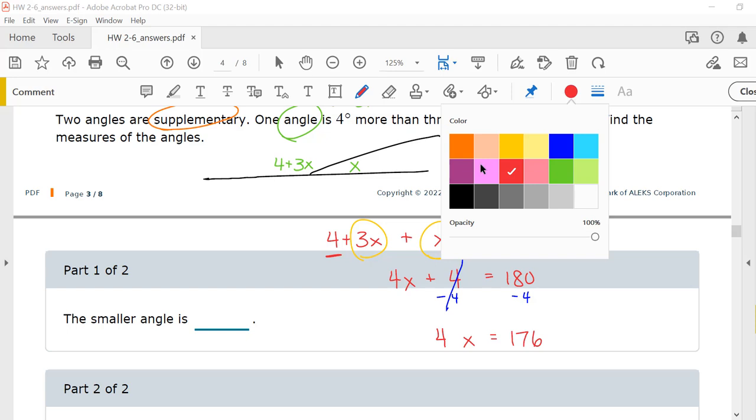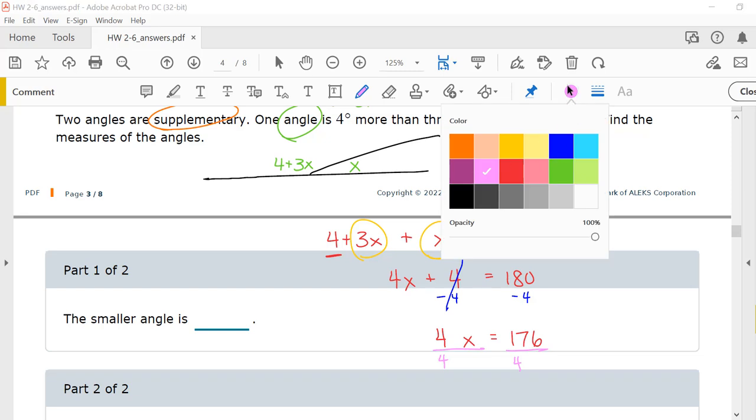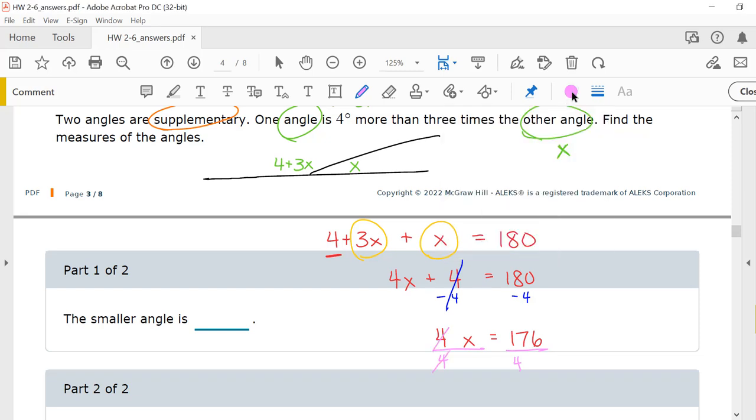Dividing both sides by 4, I get x equals 176 divided by 4, which is 44.